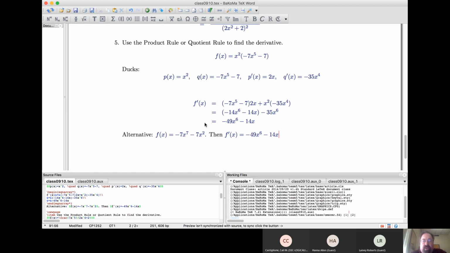Now, I'm pointing this out because once in a while, it's feasible to just work out the derivative that way, thus avoiding a product rule. Now, the problem may say use the product rule or quotient rule to find a derivative, but what you input into Hawks is only the final answer.